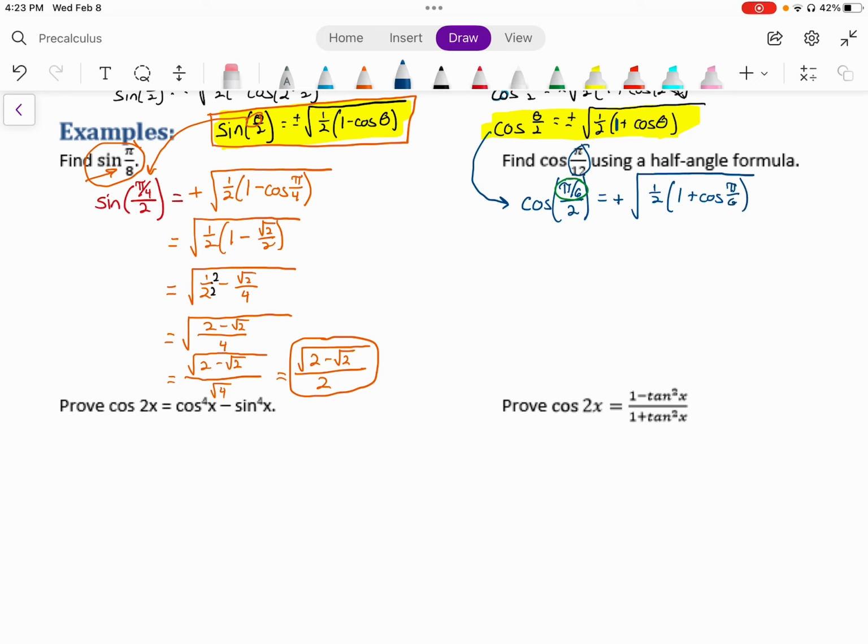And now we can just work through and simplify here. So we have the square root of 1/2 times 1 plus cosine of pi over 6, that is root 3 over 2. Distribute the 1/2.